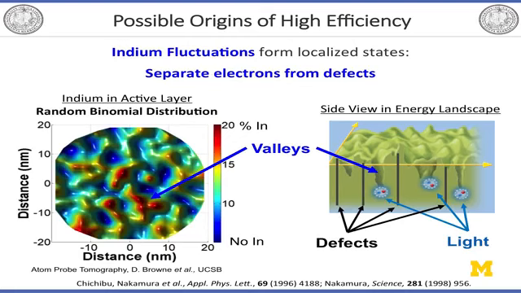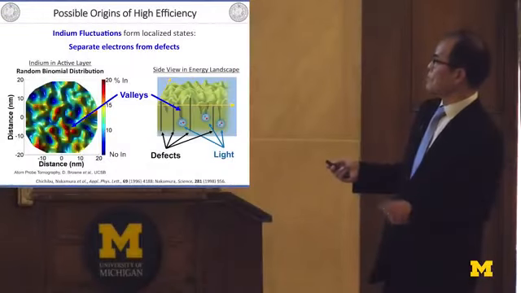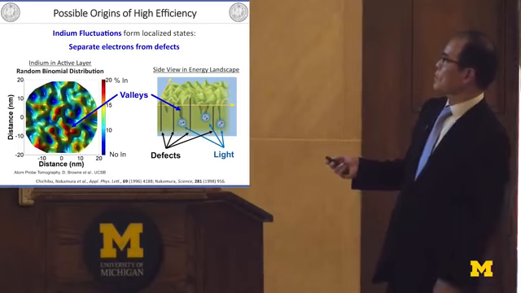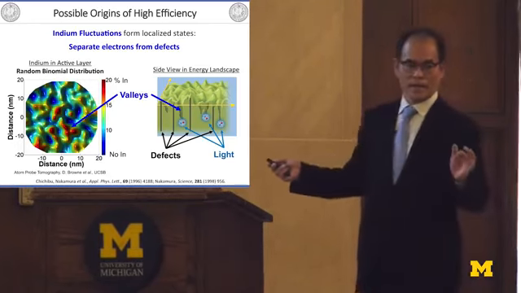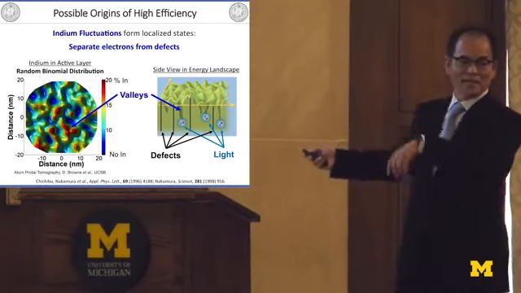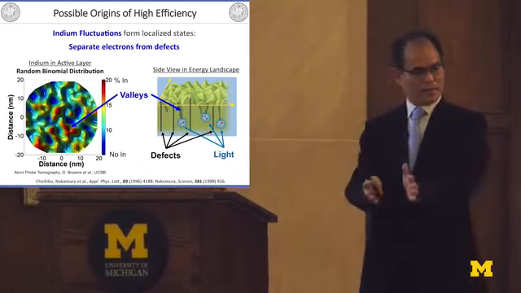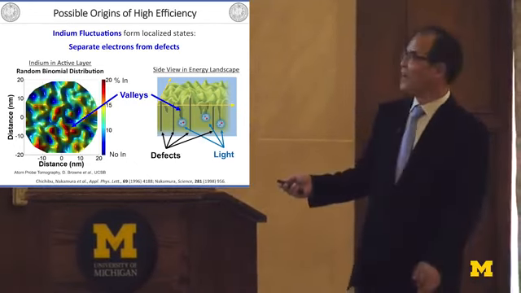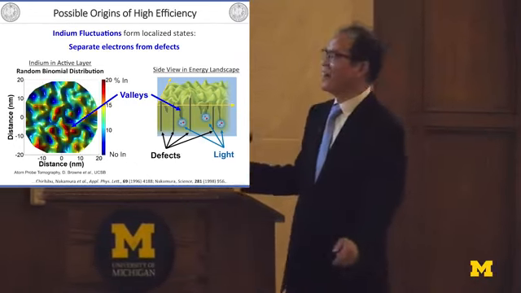But one idea is that there are a lot of localized states. So when electrons and holes are injected into the indium gallium nitride, they are captured in these localized regions. Like a boy and a girl just going to the same spot, they date, and they emit light, something like that.